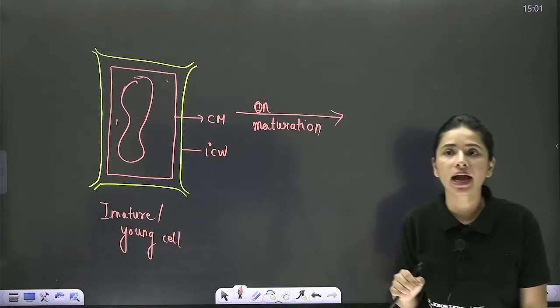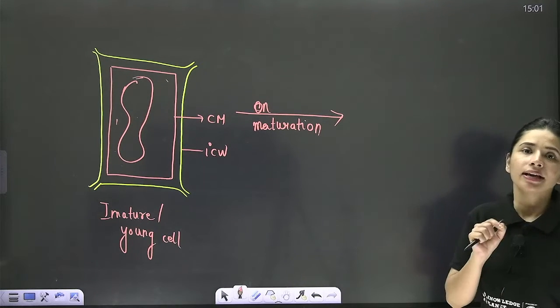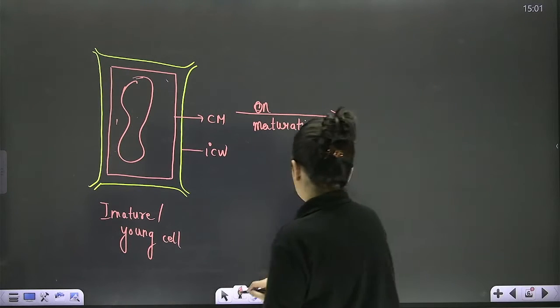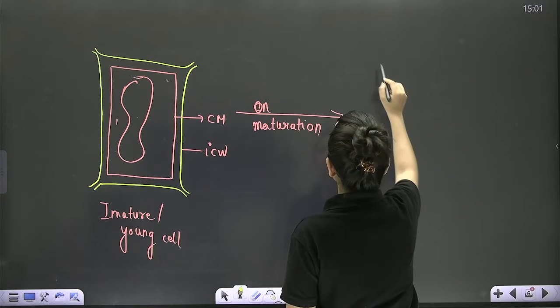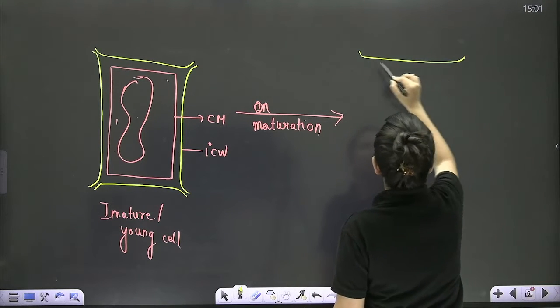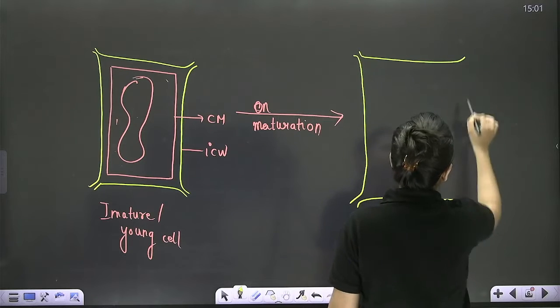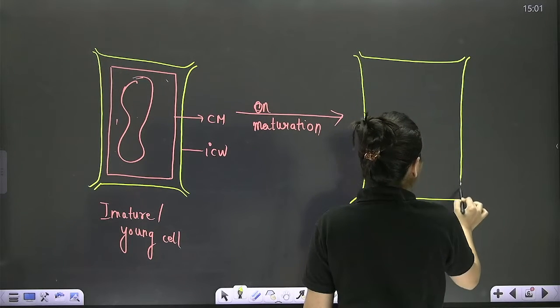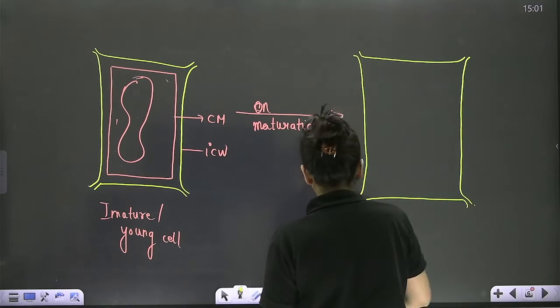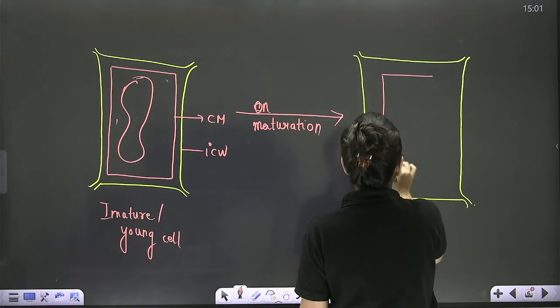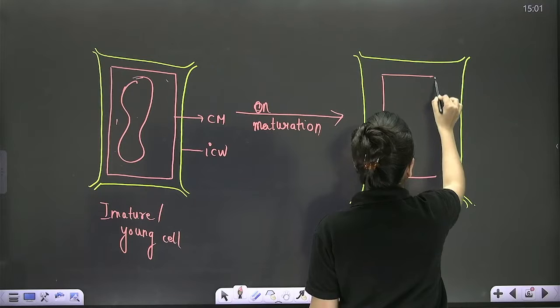What are these known as? These are known as secondary cell wall. Correct? Chalo. So now my primary cell wall is expanding, and due to the expansion of primary cell wall, a gap is created.